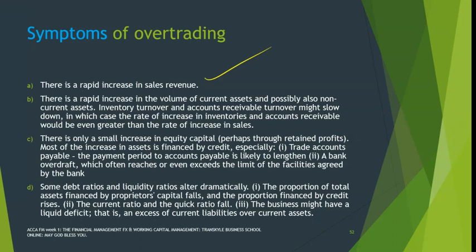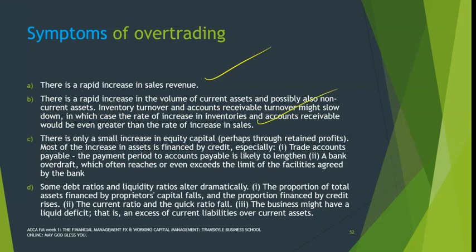There is a rapid increase in the volume of current assets and possibly also non-current assets. Even the inventory turnover and accounts receivable turnover might slow down, in which case the rate of increase in inventories and accounts receivables would be even greater than the rate of increase in sales.